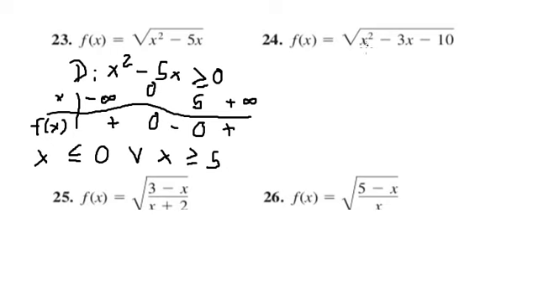Now we do the same. We calculate the two solutions. You get negative 5 and positive 5.